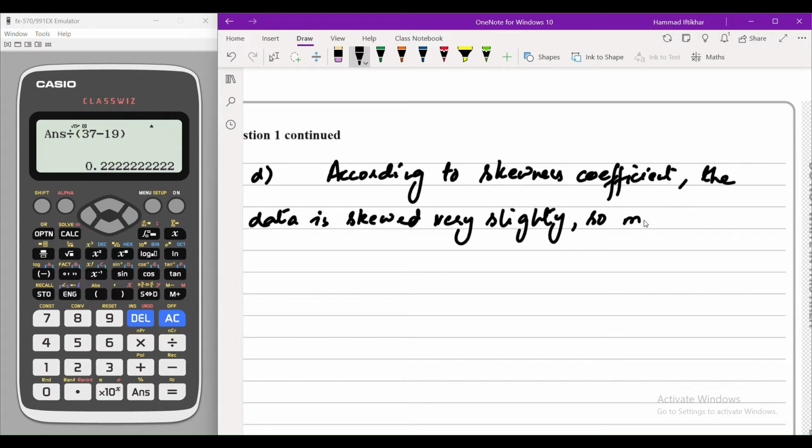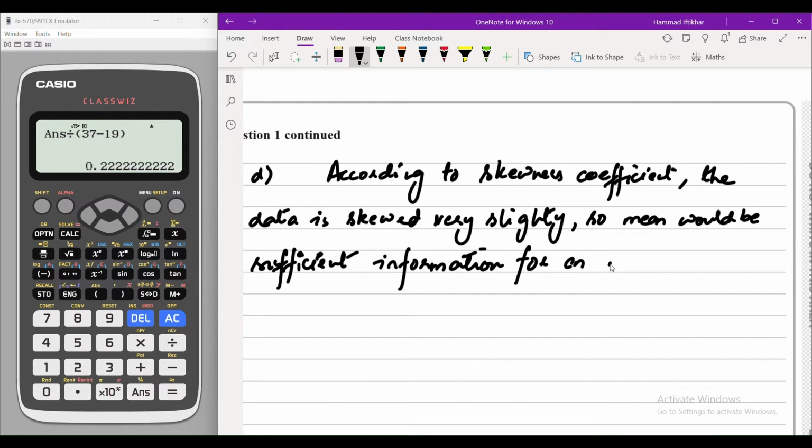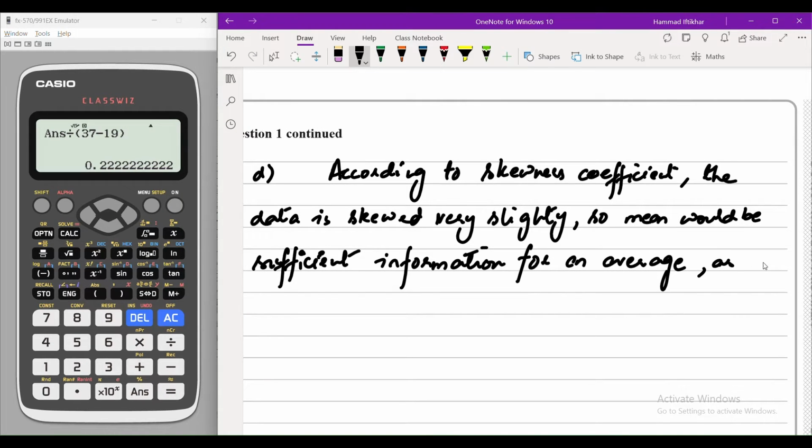So mean would be sufficient information for an average, as it accounts for outliers.